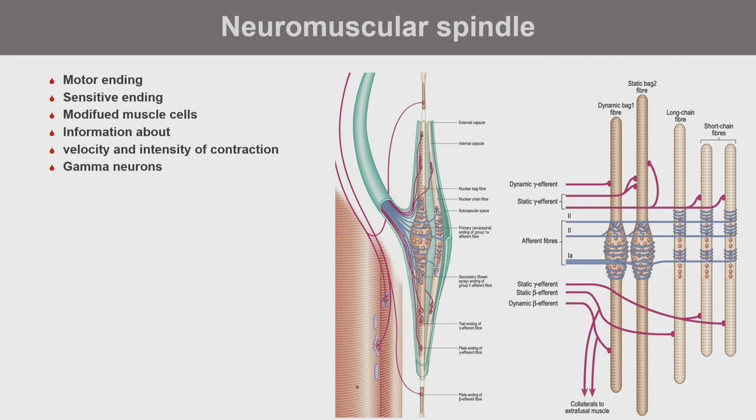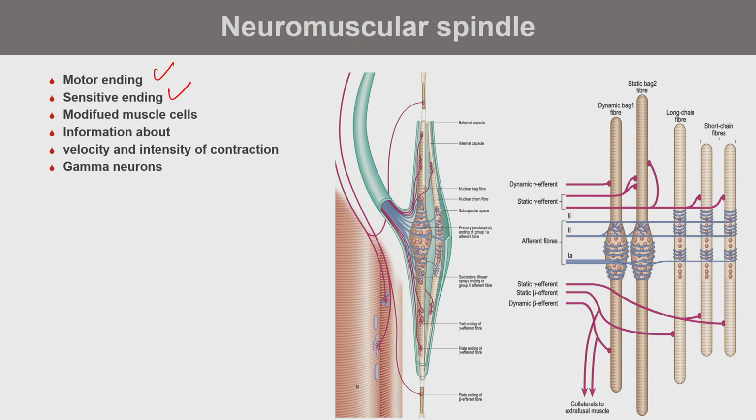So now we turn to the neuromuscular spindle. As I have said, it is a specialized unit inside a striated muscle, made from specialized striated muscular cells. They have a motor and a sensitive, or sensory, ending.